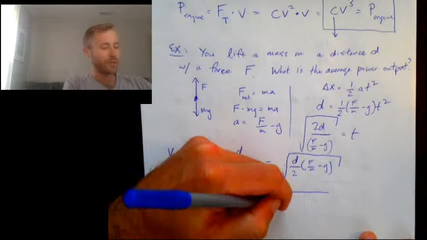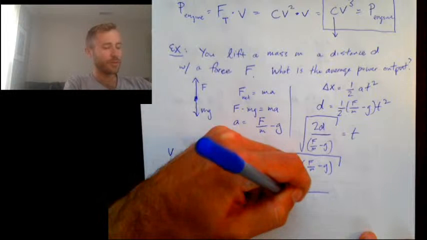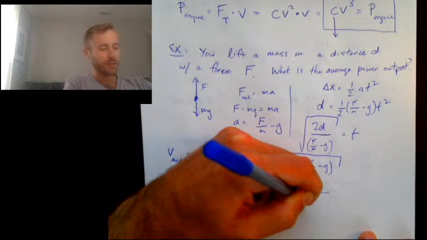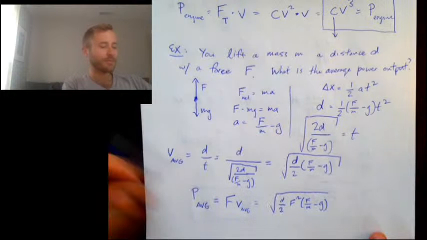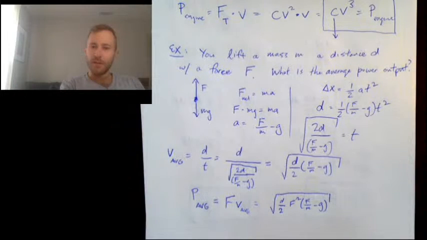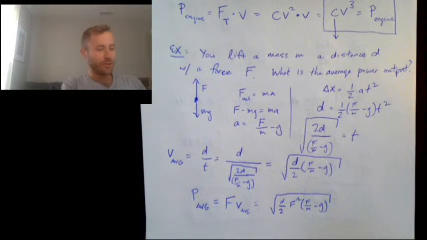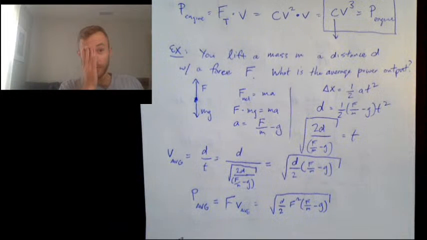So I get the square root of d over 2 times F squared times (F over m minus g). All right. So yeah, this is kind of a cool equation. So notice that your average power depends on the force that you apply. All right. I like that.